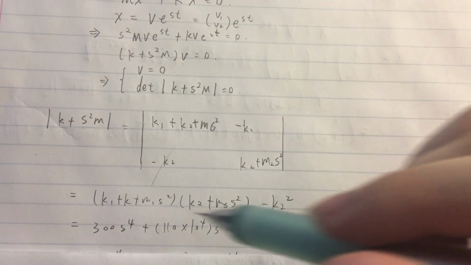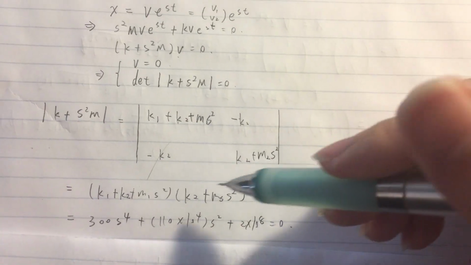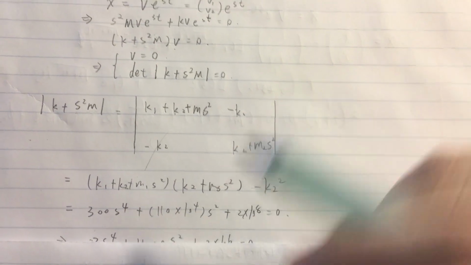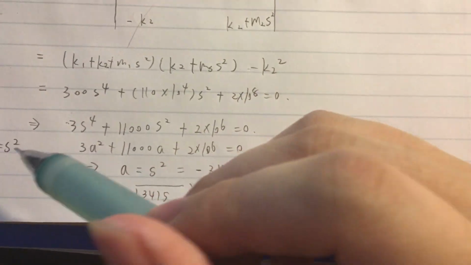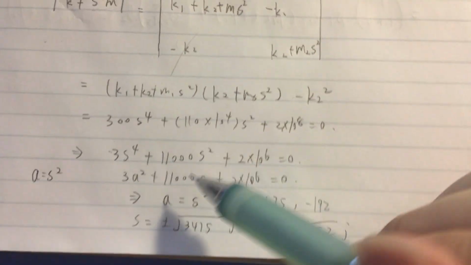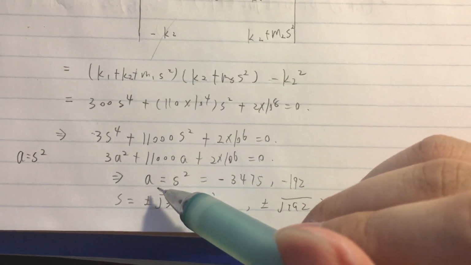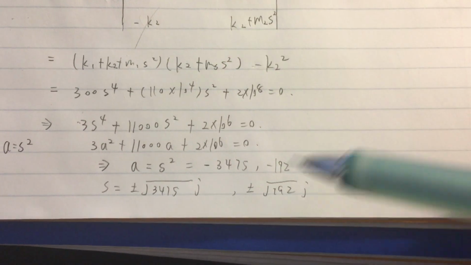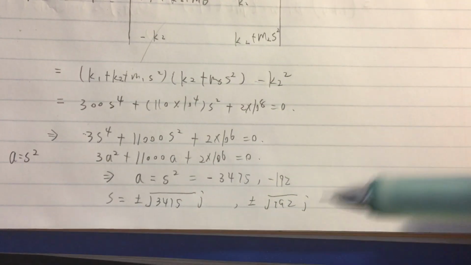Simplifying and putting in the numbers for k1, k2, m1, m2, we get this final equation. To solve it, we can assume s squared as a and rewrite the equation. We solve for a first, then we can get s, and these are the two solutions of s.